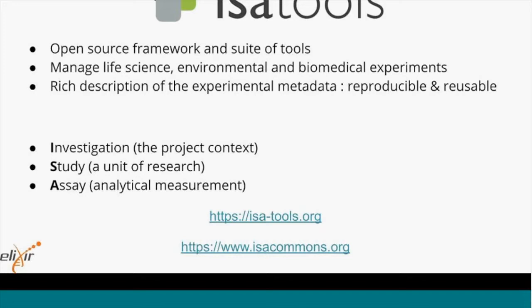ISA stands for Investigation, Study, Assay, and this is a logical separation of the different metadata levels within an experiment. So you have the project level, there's a study or kind of research line that is a part of that, and then in each study you can have several assays, which are the actual measurements that you do. ISA has a whole ecosystem, and you can find more information on the ISA tools or ISA Commons websites.